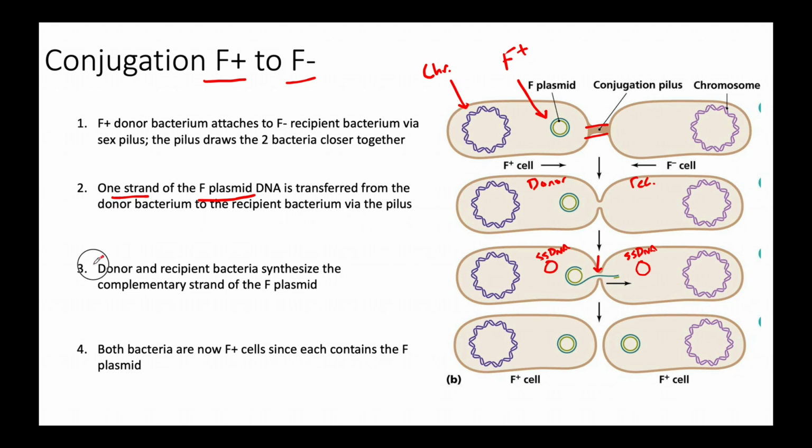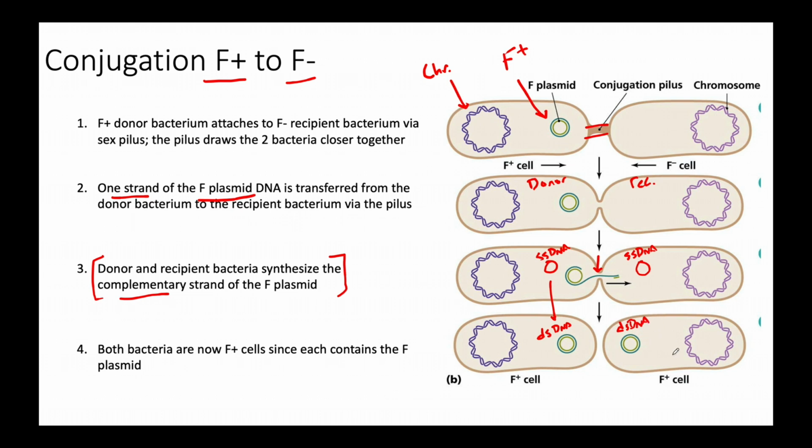But as we've seen before, in cells, there is the ability to take one strand and make a complementary copy of it. And so that's what happens from this third panel to the fourth. The single strand becomes double-stranded DNA again. And this single strand becomes double-stranded DNA.